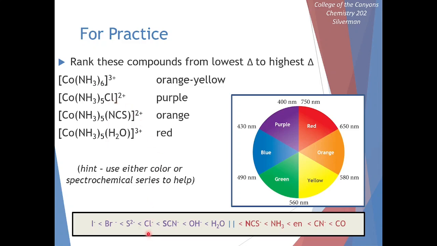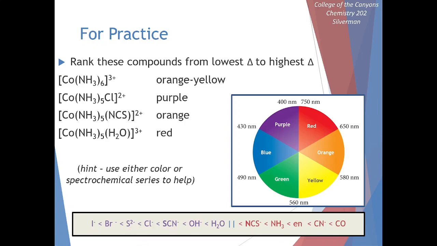Chlorine that we've replaced one of our ammonias with is going to be a weaker field ligand. If you replace a strong field ligand with a weak field ligand, the overall field will become weaker. We expect the splitting energy for this second compound to be smaller than the splitting energy for our first compound, based on the ligands.